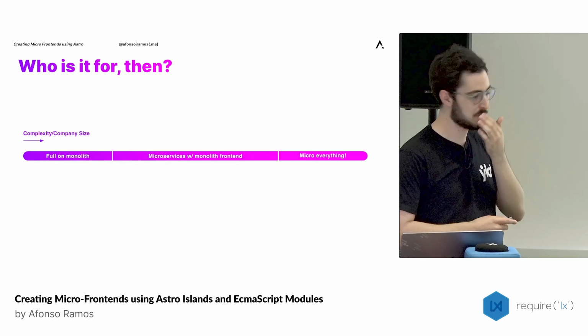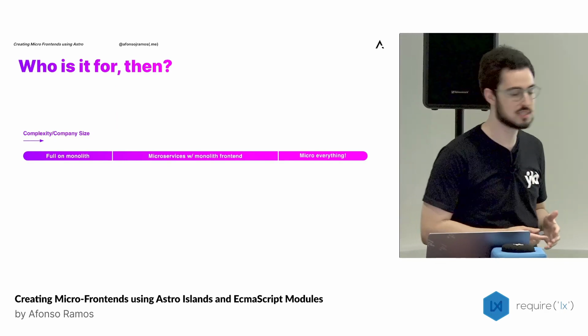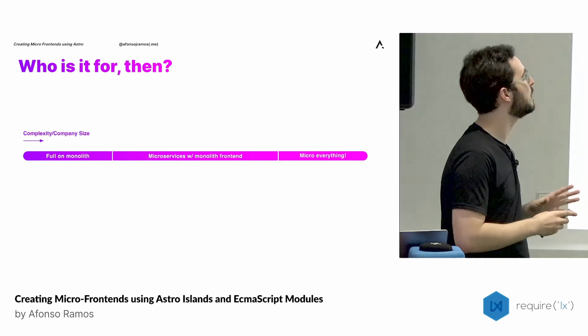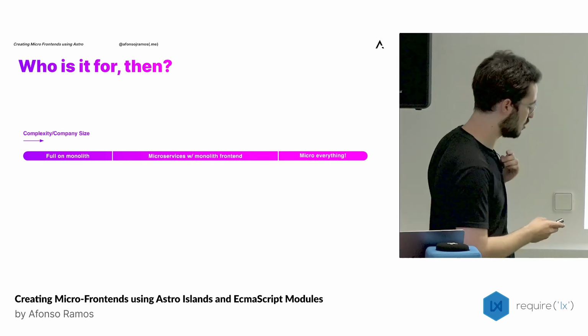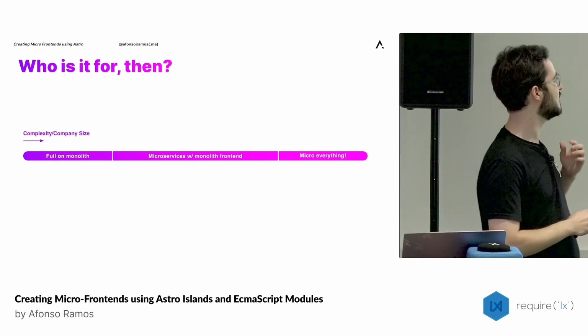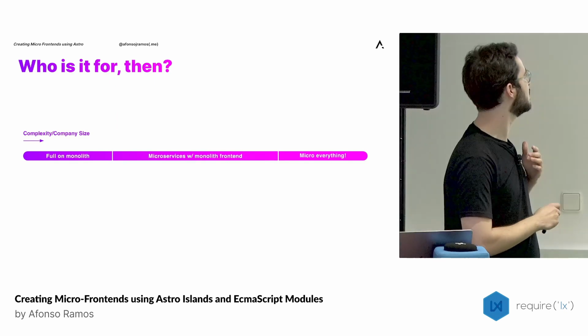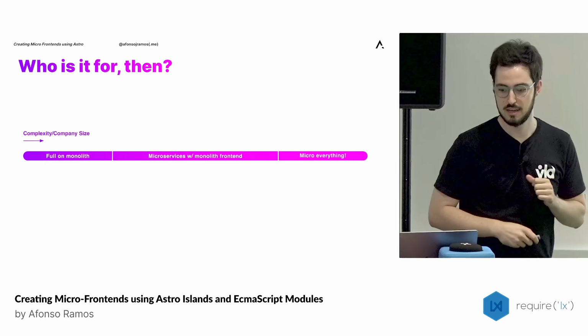I've talked about Airbnb. We've talked about how it works on big companies, but let's take a look back at what works for who. From left to right, you have complexity / company size. Complexity, I mean, of product, and company size, self-explanatory.